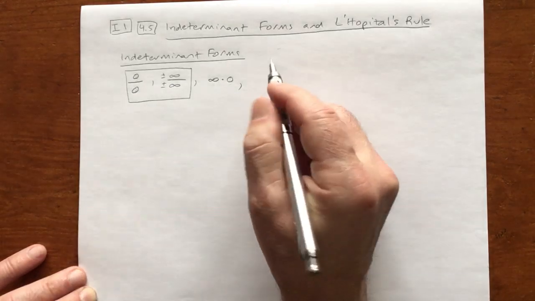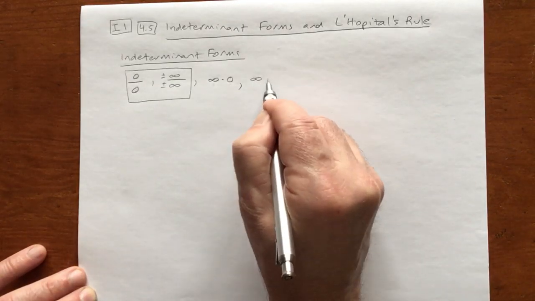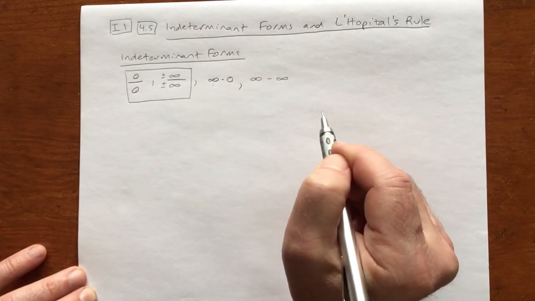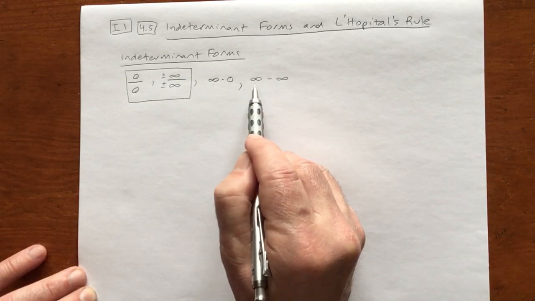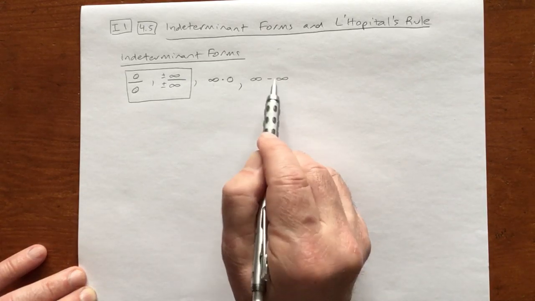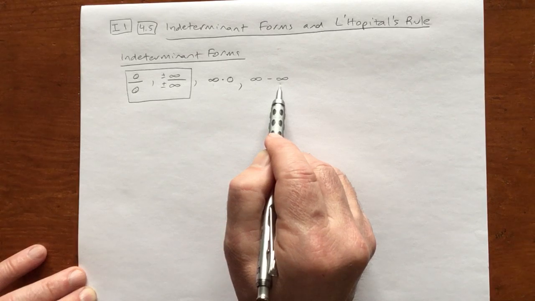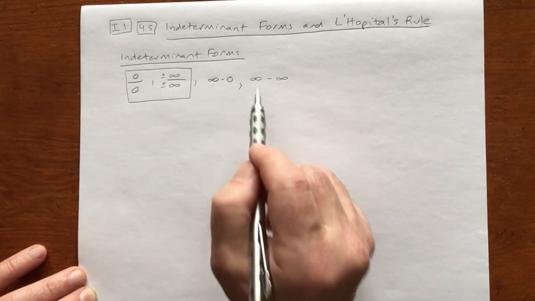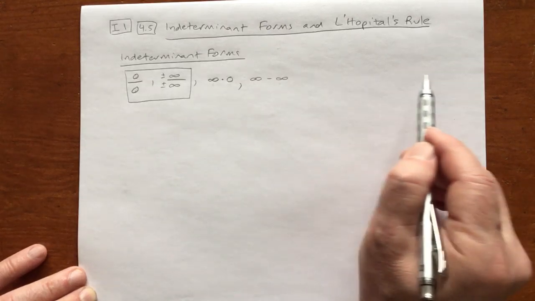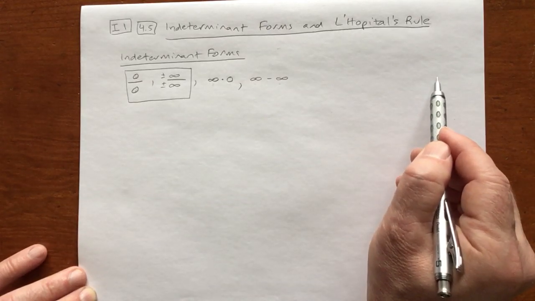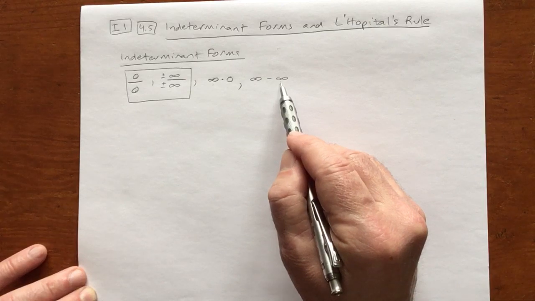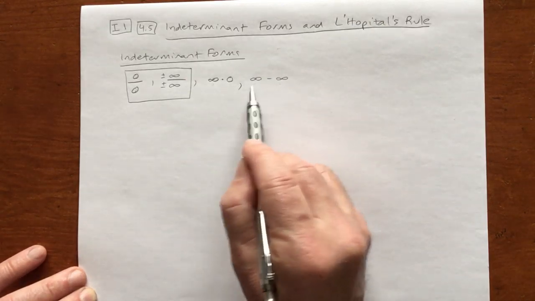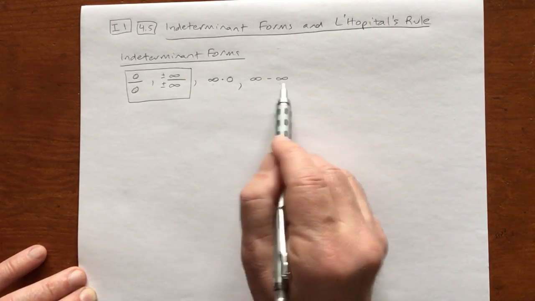Okay, another indeterminate form, infinity minus infinity. Okay, let's say we have part of the function approaching infinity, another part approaching infinity, and those values are subtracted. Well, you can't just say I walk out a number line forever, and then once I get there, I walk back the same distance. Okay, what we're looking at here is a comparison of rates.